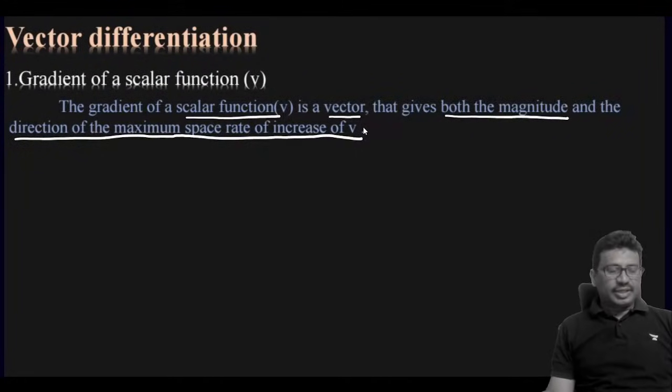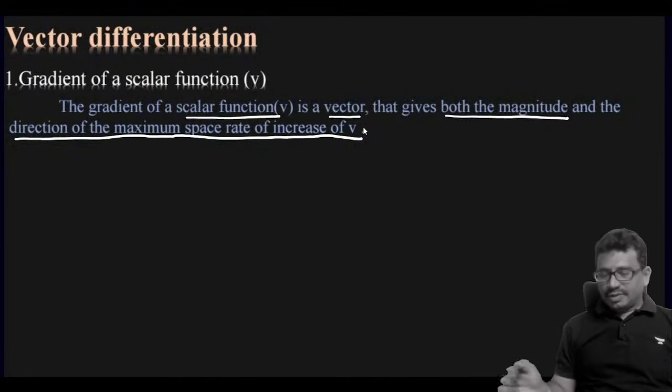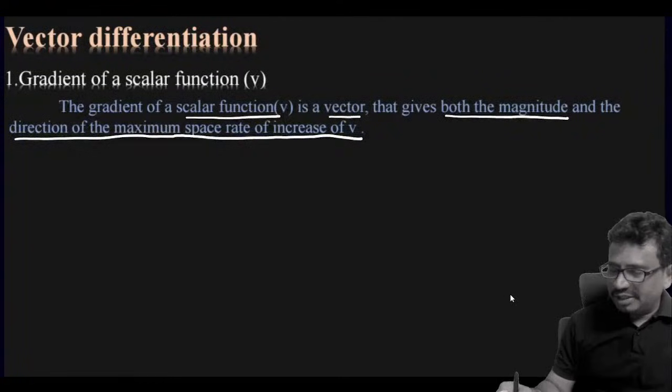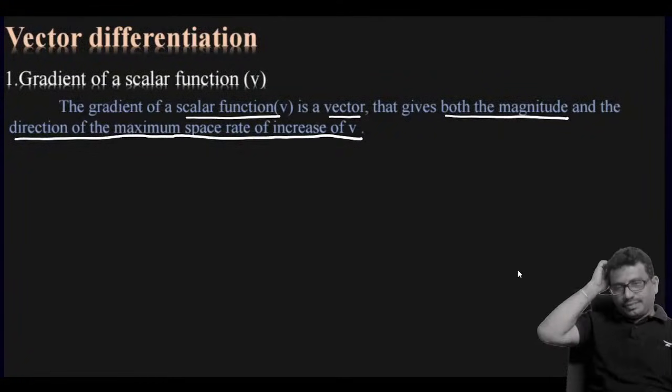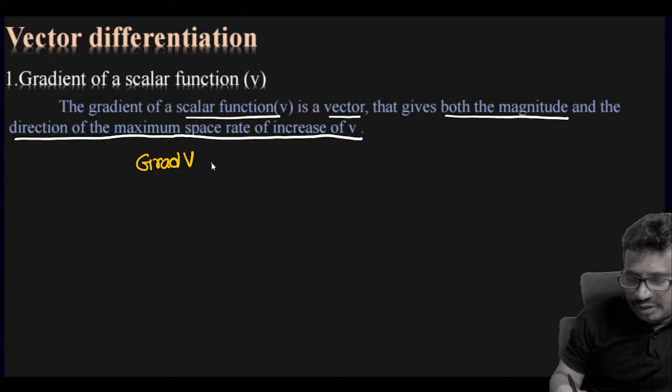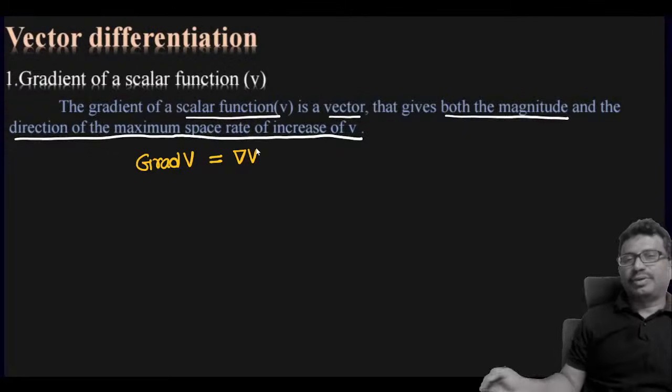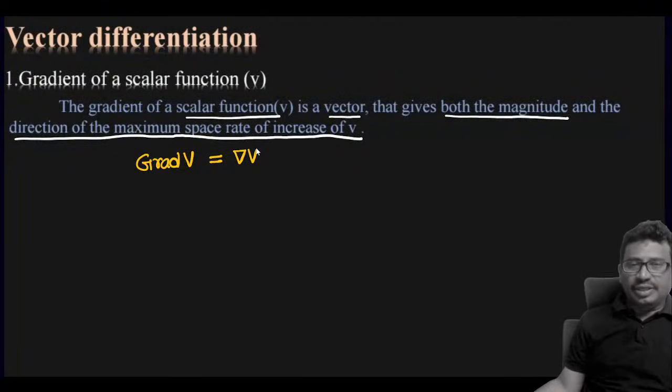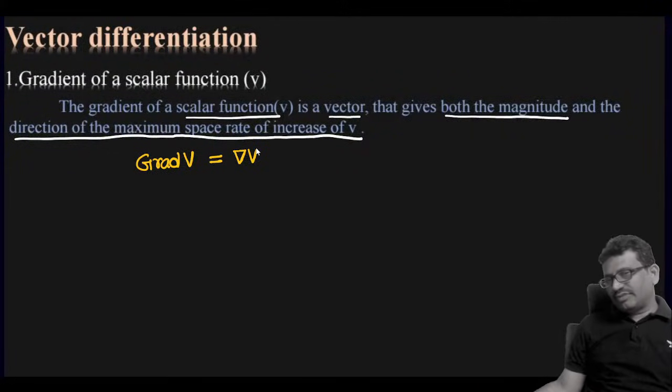That is the gradient. Let's understand mathematically. The gradient of V we can write simply as del V. Gradient of V, which is equal to del V, is nothing but a vector.